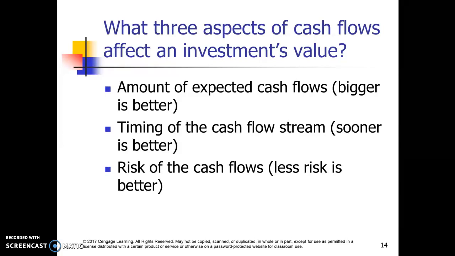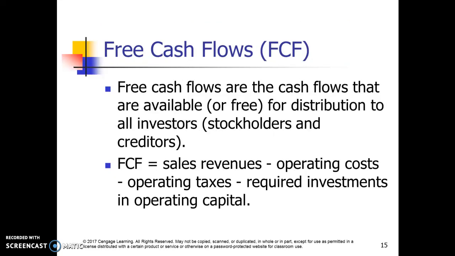Investors always like money now, not later. So when they see the money coming in earlier versus later, they like that. And then risk of the cash flow. That could be within the company, it could be within an industry, it could be within an area of the country that they're operating in, or of the world for that matter. So that could be macro or micro issues.